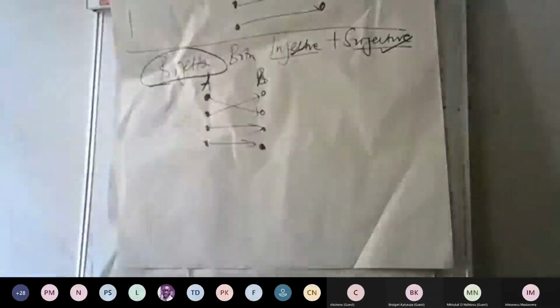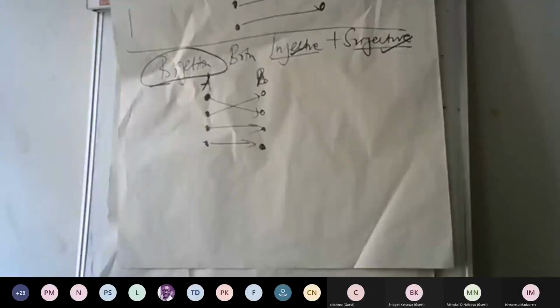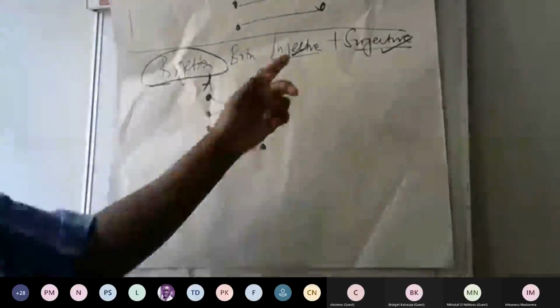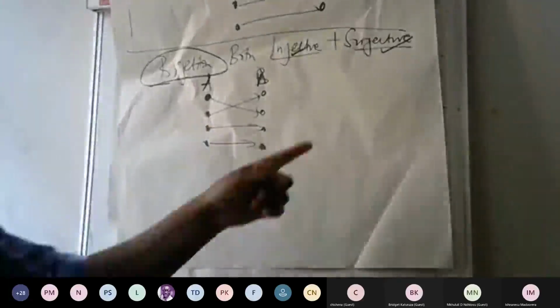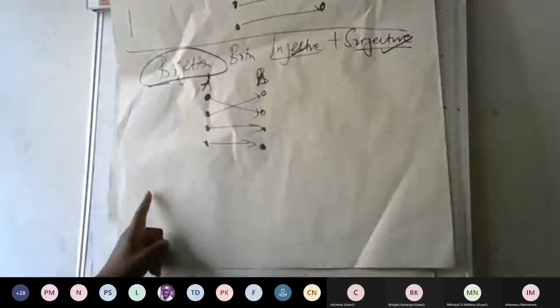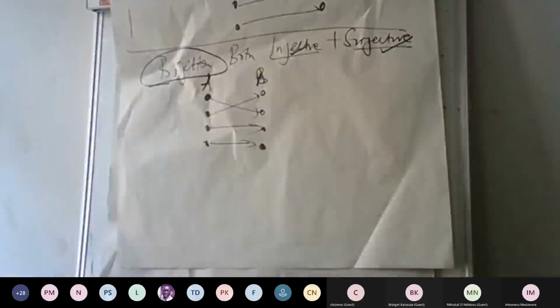But the conclusion is that it's not a bijective function because it does not satisfy both conditions. So once I test for injectiveness and I find that this function is not injective, I go on again and test for surjective so that I make a proper conclusion based on that. But if it does not satisfy one, then it means that it's not a bijective function.